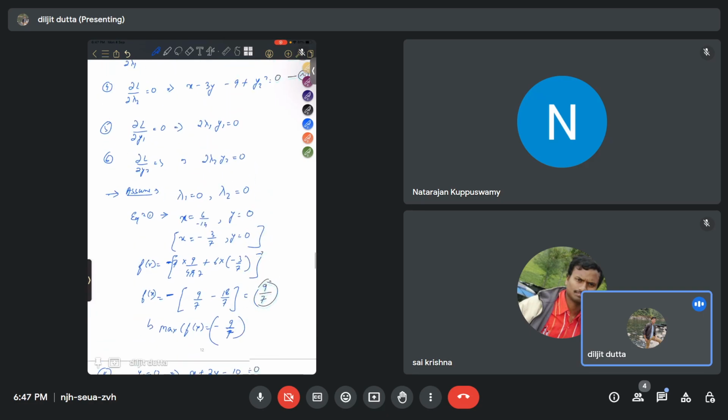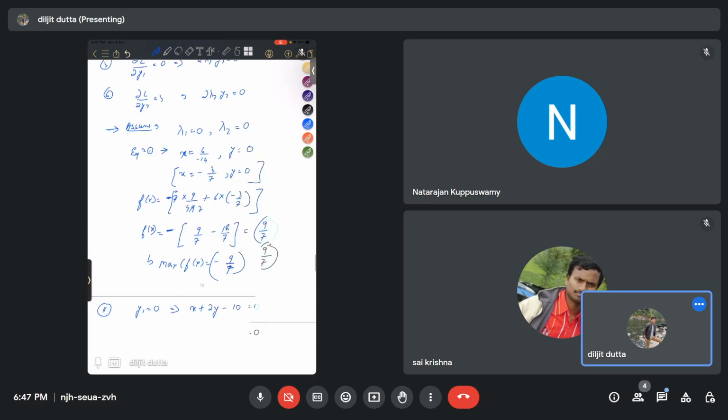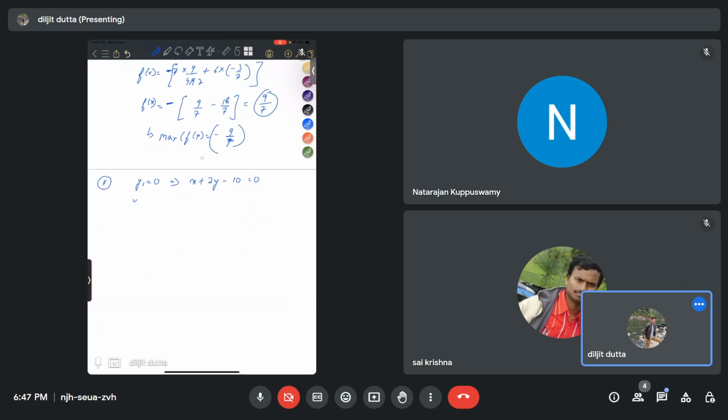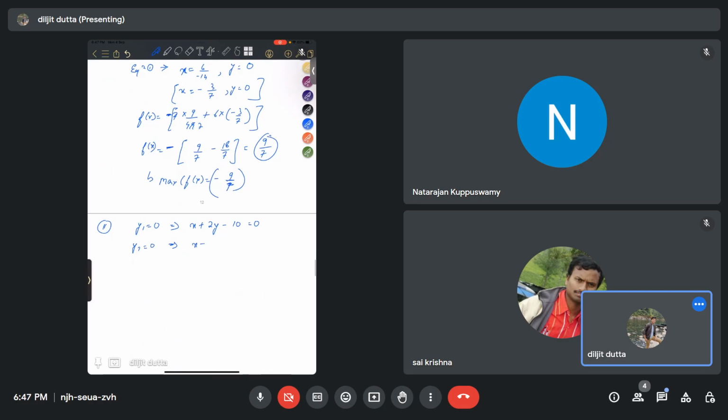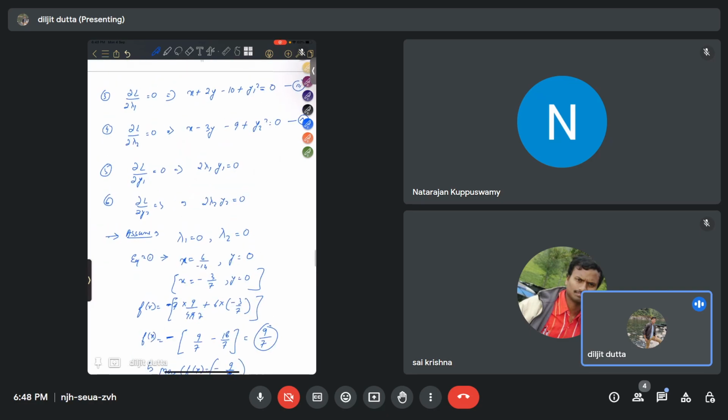So now when y1 is equal to 0 and y2 is equal to 0, taking both y1 equal to 0, in that case we will obtain x minus 3y minus 9.